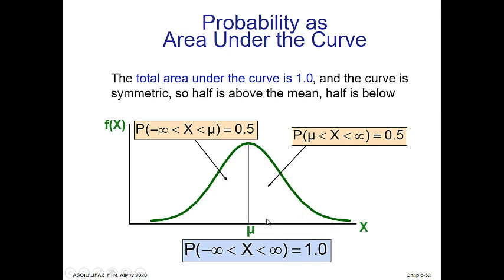Because the total area is 1, both of them are equal. Therefore, both of them should be 0.5. That is, the probability of x from negative infinity to mu is 0.5, and the probability of x from mu to positive infinity is also 0.5.